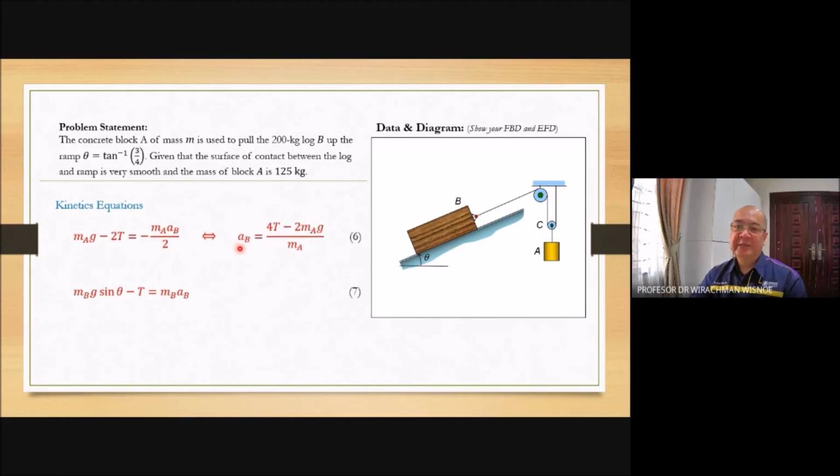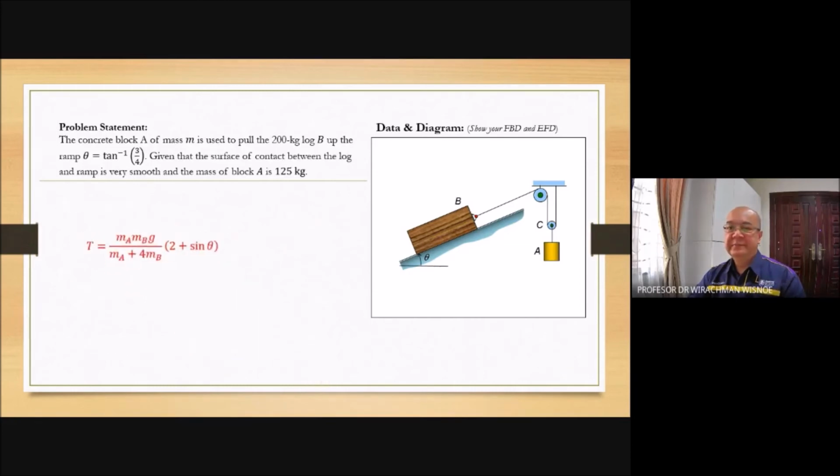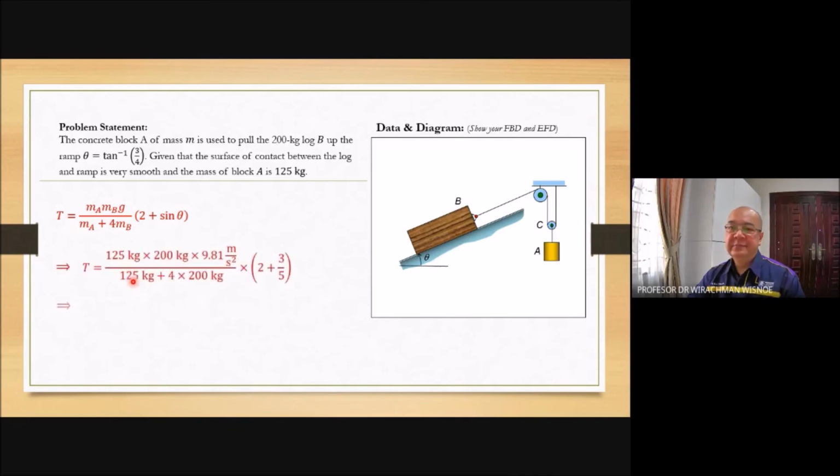I take the expression of AB equals 40 minus 2 MA g over MA, and then I replace it inside this. So I have this expression, and you have the expression of T.